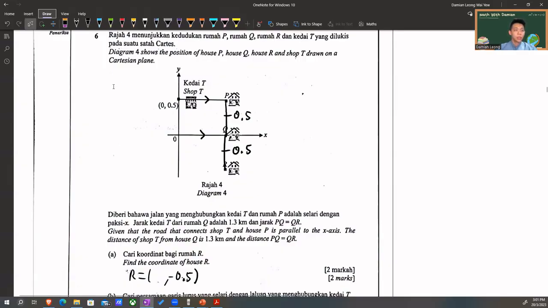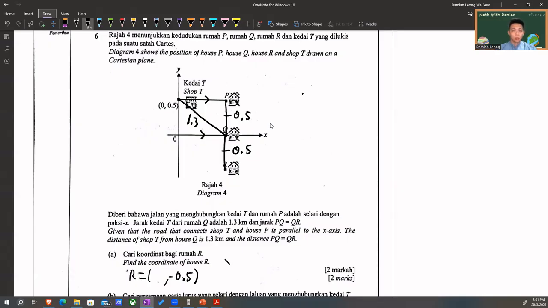Okay. Then I want this horizontal length. So what I also know here is distance of shop T from Q. Here, this length is 1.3 km. So if this is 1.3, this is 0.5, I can find this length. Okay.